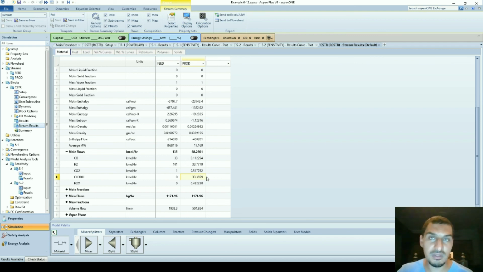So I have about 3.3 times the amount of methanol that I was producing before. This gives us an idea of how we can improve the production of the output that we want from a reactor, and this can be applied to any other unit in Aspen Plus.